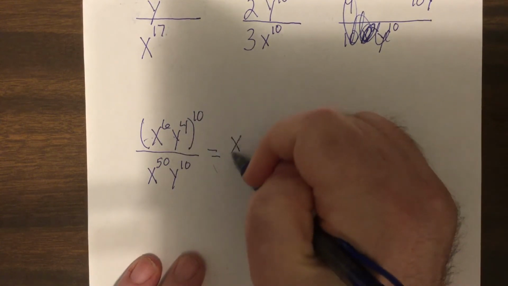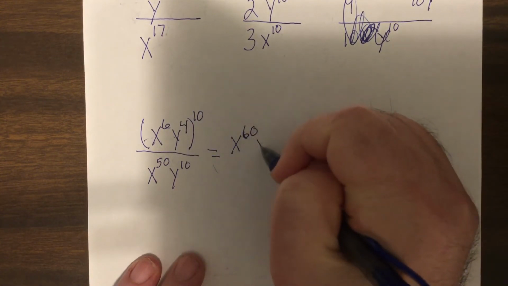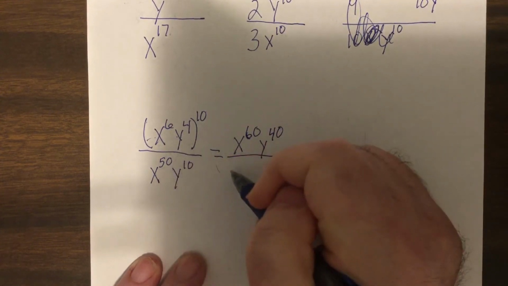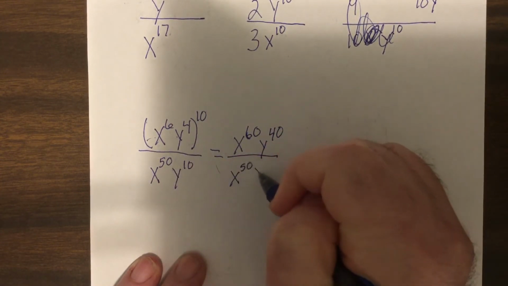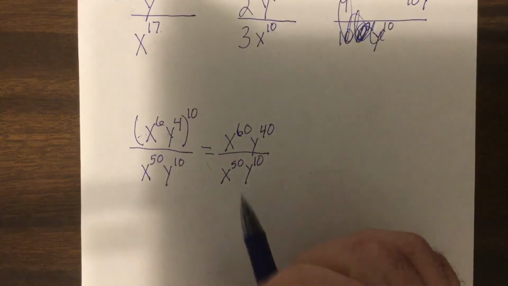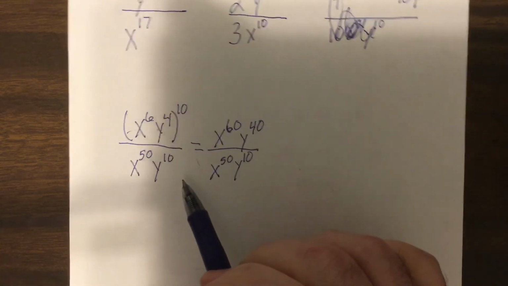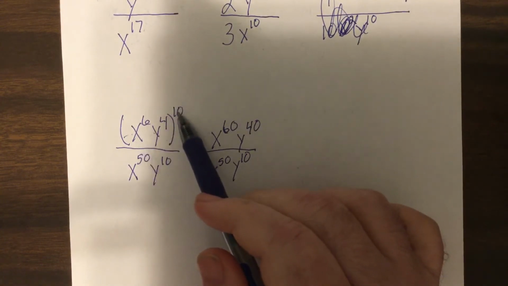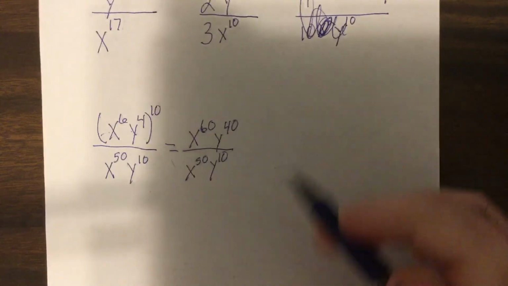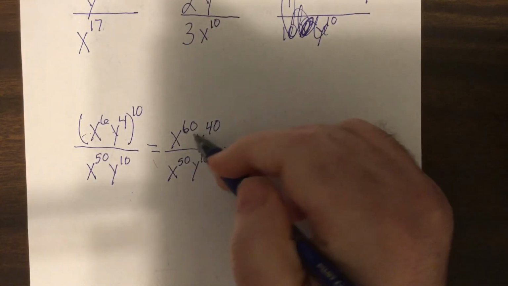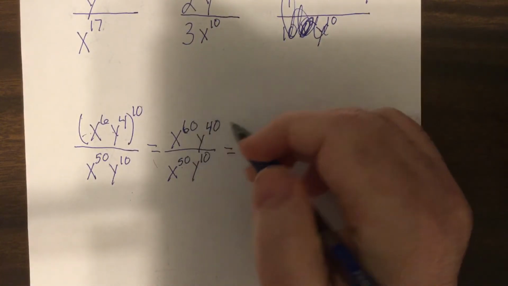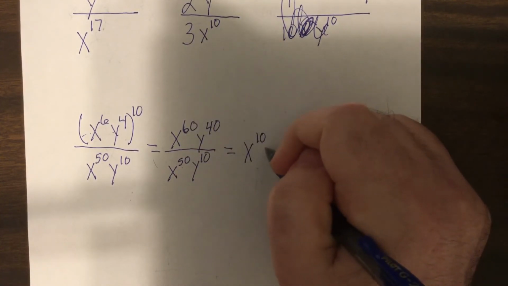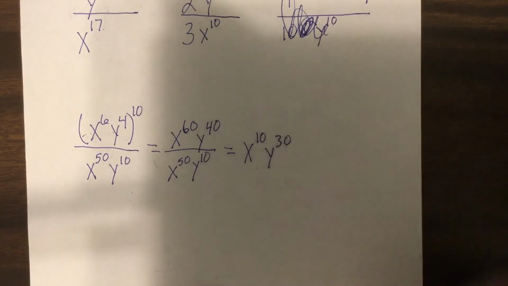So that would be x to the 60th, y to the 40th, all over x to the 50th, y to the 10th. Now, if you remember the laws of the order of operations, that you do the power before you do division. Now we can do the division. When you divide two things the same base, you subtract the powers. So it'd be x to the 10th, y to the 30th, both on the top.